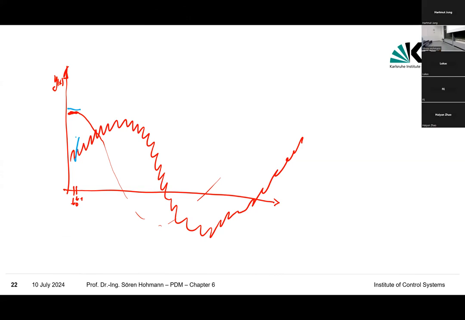Yes. So we do some sort of low pass filtering. What is the problem with low pass filtering then? That's the problem. So it delays.